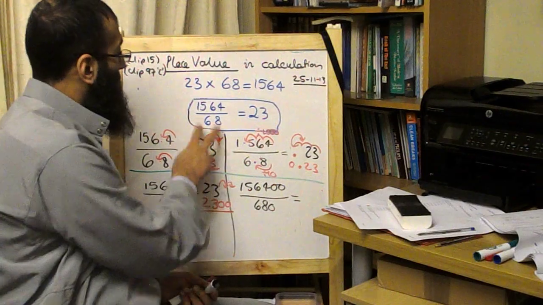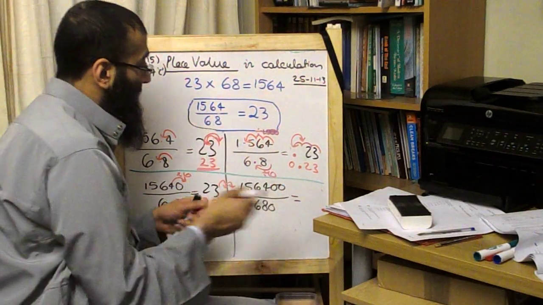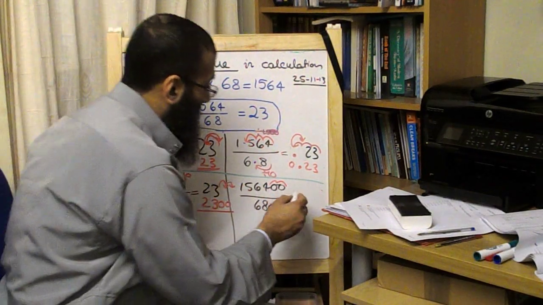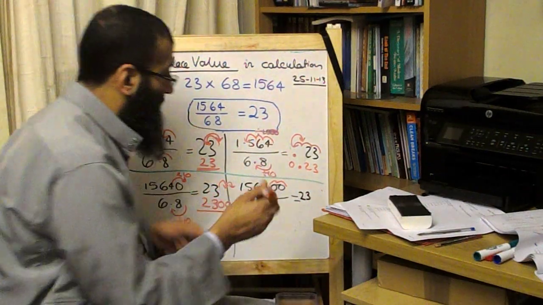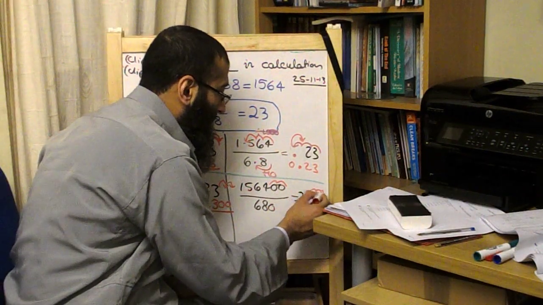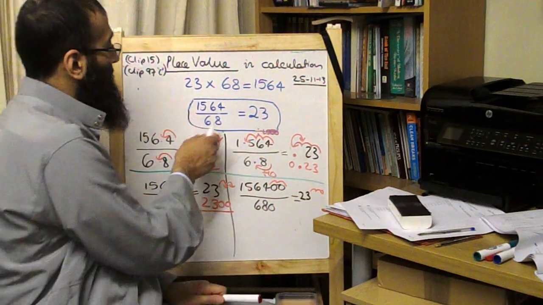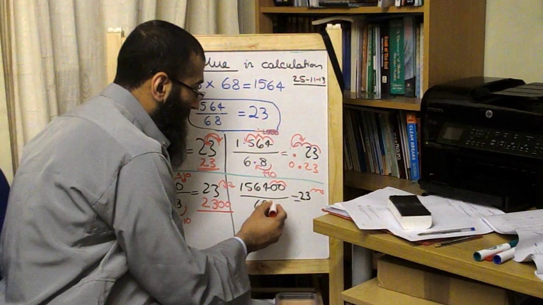Ready for the next question? If 1564 becomes 156400, the original number has become 100 times bigger. So the number 23, the expected answer, also becomes 100 times bigger, because the change is mirrored in the answer. The number on the bottom, 68, has also become 10 times bigger.